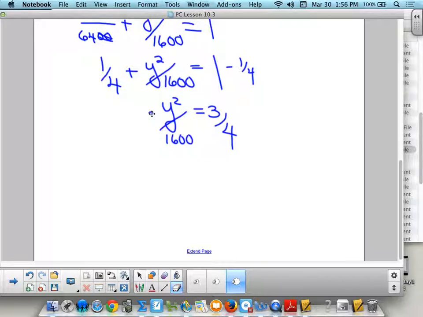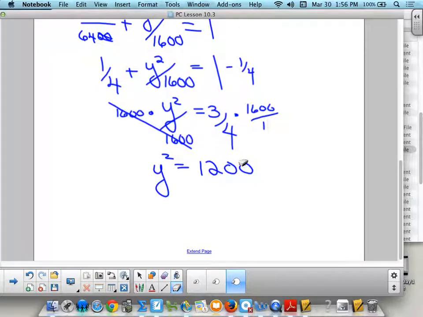Well, Corey, what you said, multiply by 1600, works. This is just 1600 over 1 times this. If you took your calculator, you do get 1200. Square root, you get your 34.64 feet.